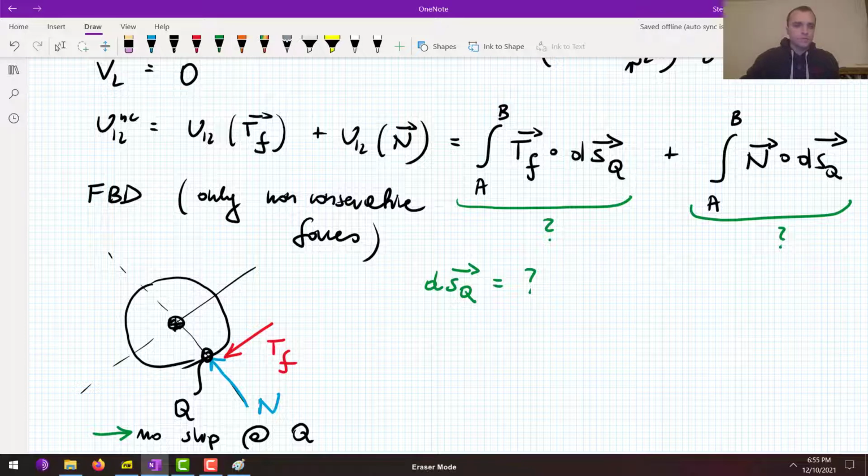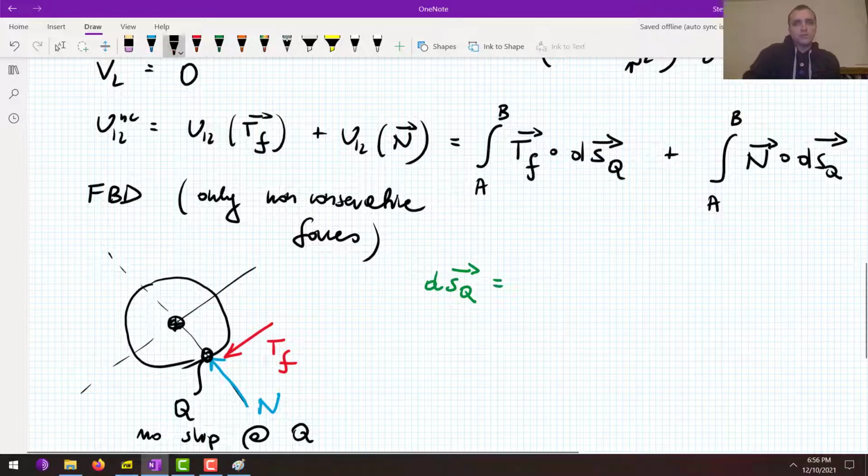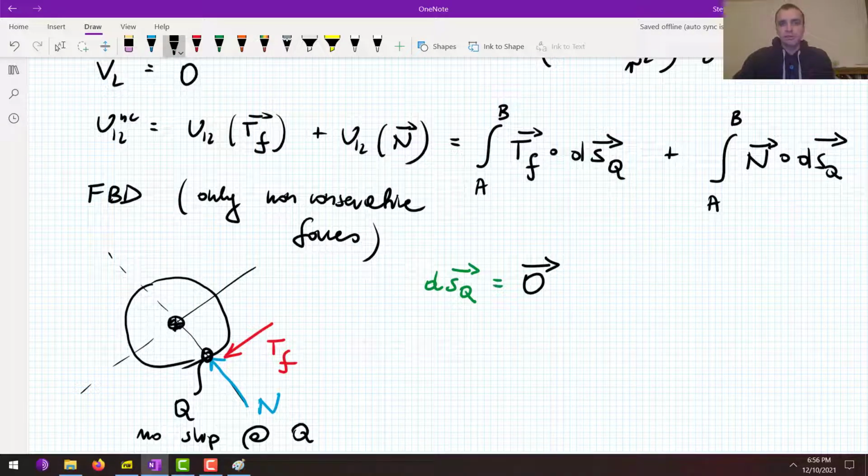All right. So for those of you who got it right, congratulations. And for those of you who just came here to put their notes together, the answer is obviously dsQ is zero vector, because there is no slip at point Q. So our forces N and Tf do work on zero distance.